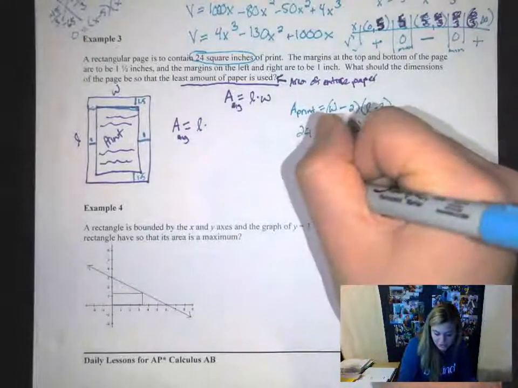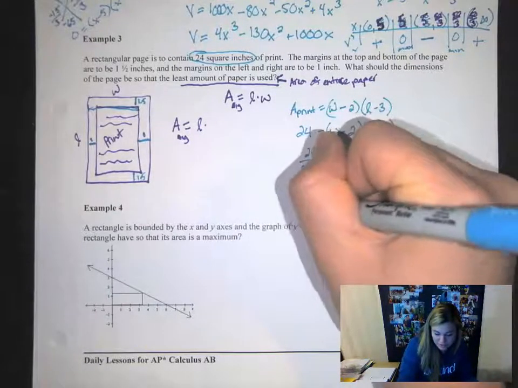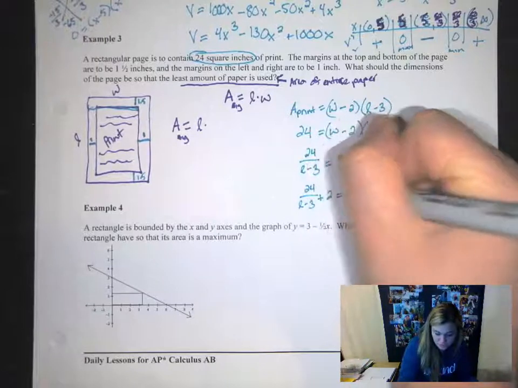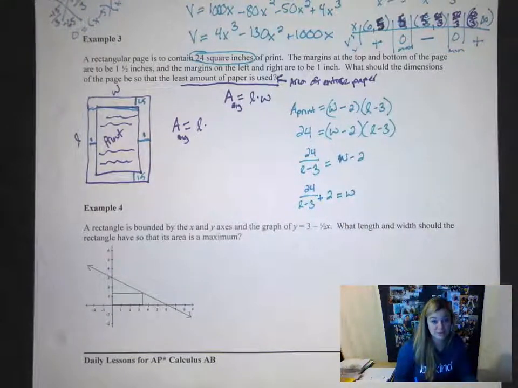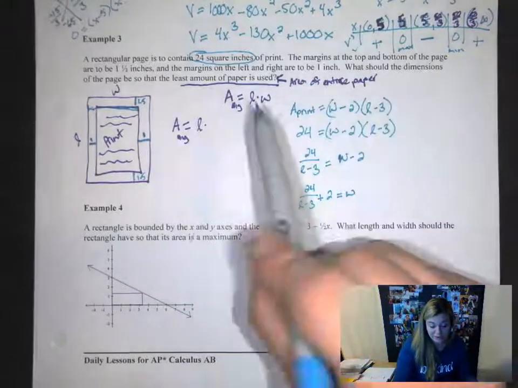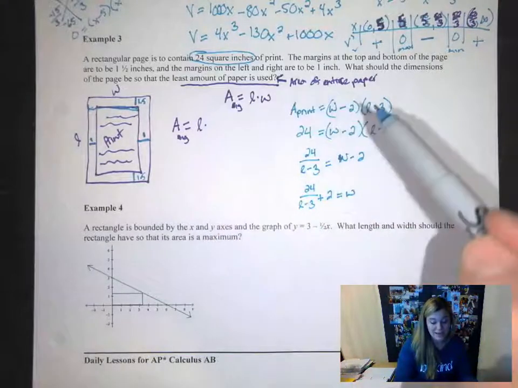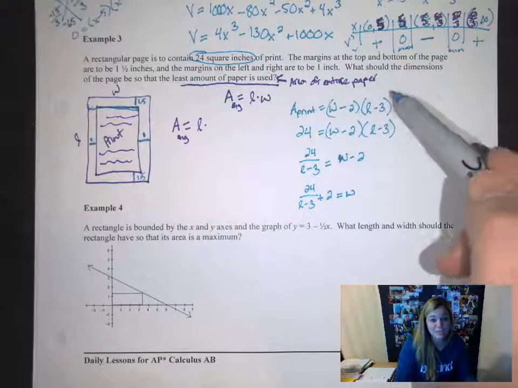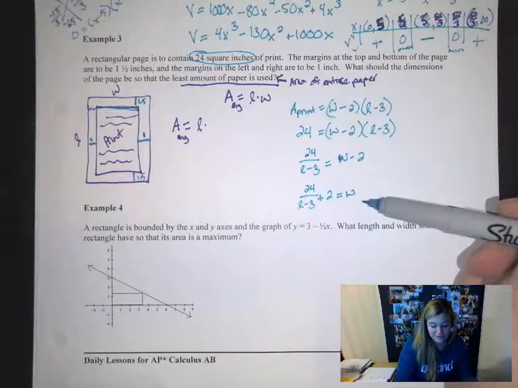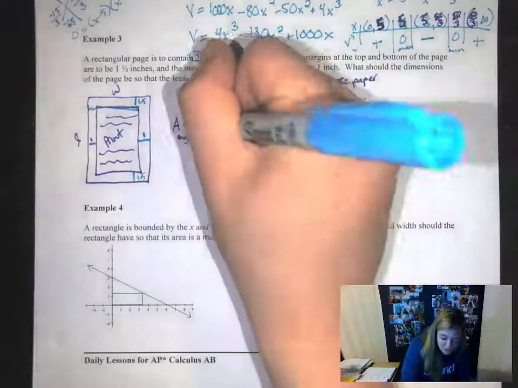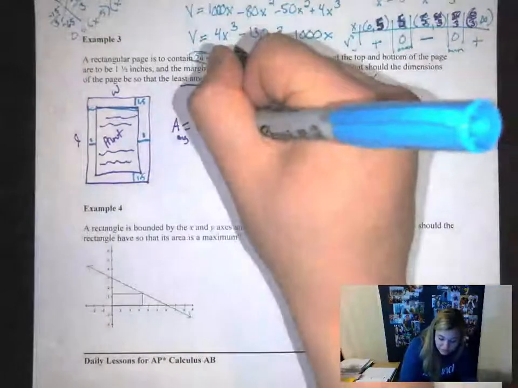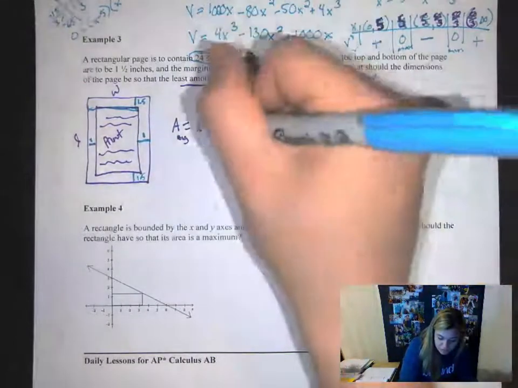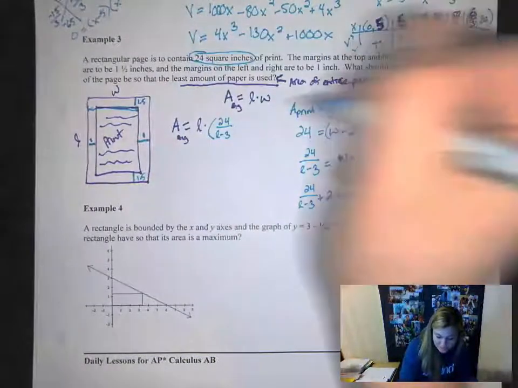Adding 2, so I've got 24 over L minus 3 plus 2. Looks gross, but that's what W is. And so if I want the least amount of paper used, which is the area of the entire paper, I still know that W is equal to this whole mess. So I'm going to go up here, and instead of W, I'm going to write in 24 over L minus 3 plus 2.